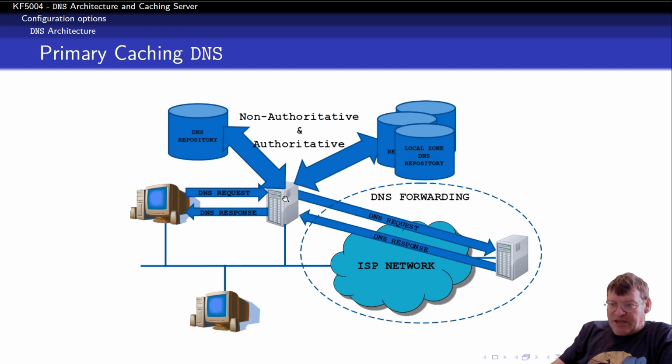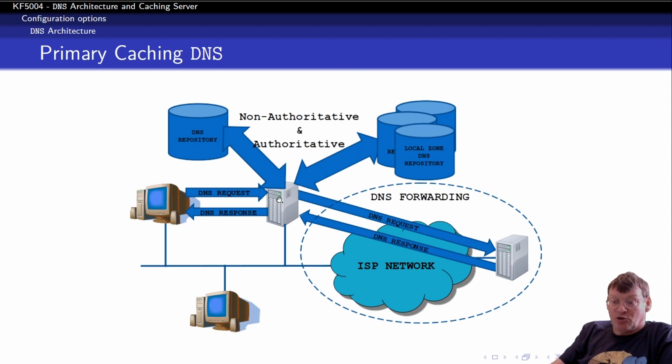If we actually make a request and it's cached from the outside world, it will come from our DNS repository from external queries that are cached. If we make a request and it's from one of our local databases, we'll get a response from there. So we now have two areas where we can get responses. One is a cache from the internet, and the other is for our locally owned domain names.